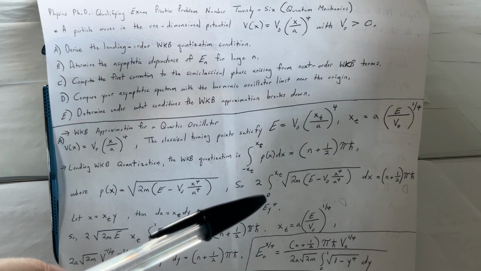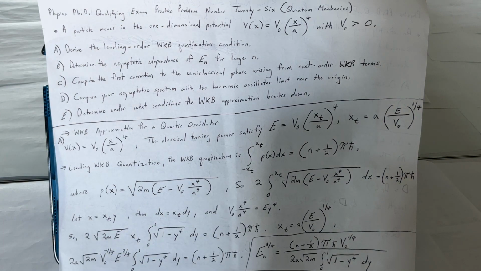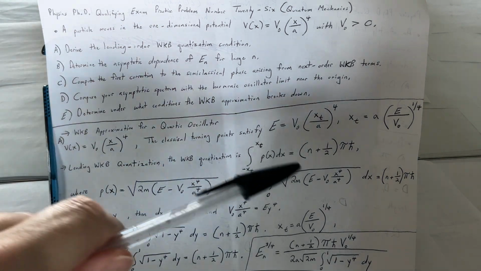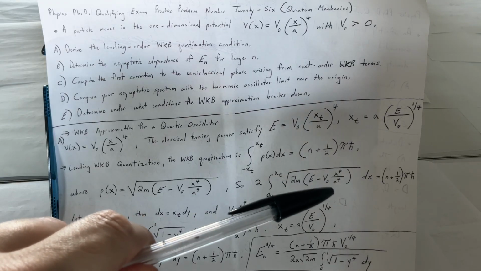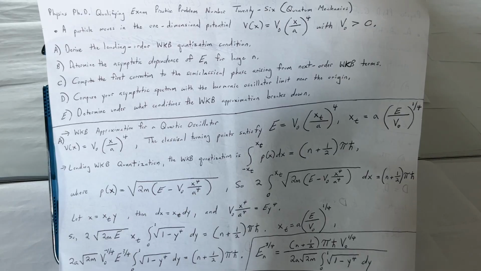So 2 times this integral from 0 to x sub t of the square root of 2m times the quantity E minus V naught x to the fourth over a to the fourth dx, that equals, when evaluated, the quantity n plus 1/2 times pi times h bar.